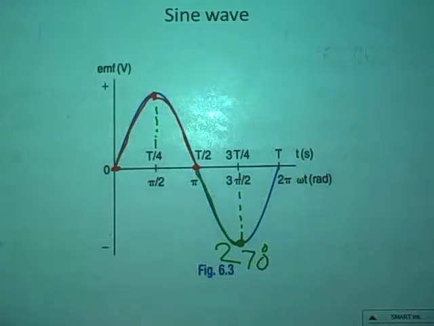If we continue to rotate the conductor loop 1 complete revolution, how many revolutions, Jack? Good, 1 complete revolution.